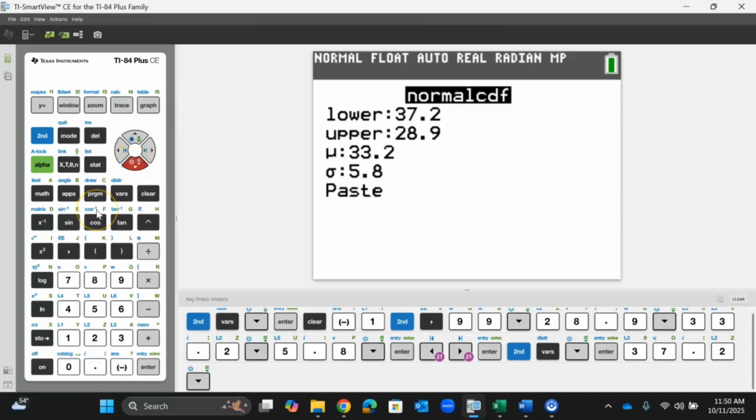Likewise, this time I want an upper bound of positive infinity, so I'm going to press 1, second, comma for the E, 9. Sorry, that was really a high-pitched E when I was describing that to you. And then I don't need to change my mean or my standard deviation because I'm still in the same situation as before. The mean and the standard deviation won't change.